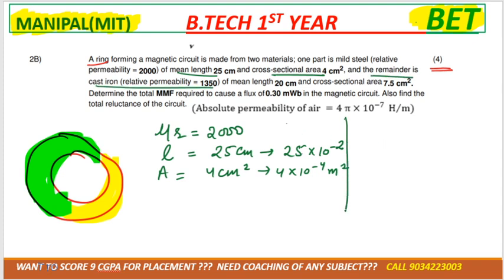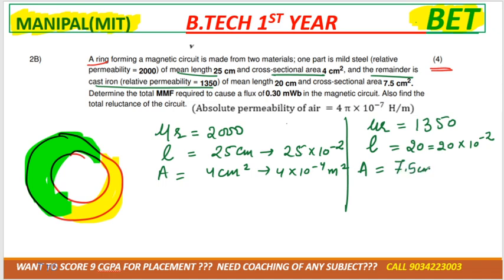So this is for the first case. For the other material, permeability is 1350 and its length is 20 centimeter, meaning 20 into 10 raised to power minus 2 meter, and area for the other case is 7.5 centimeter square, that means 7.5 into 10 raised to power minus 4.